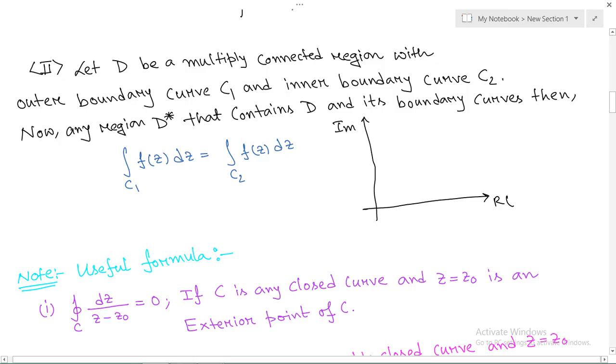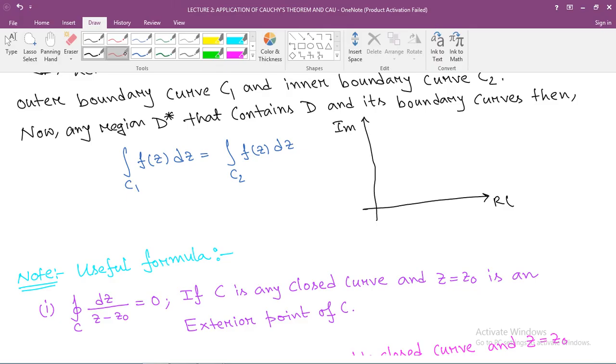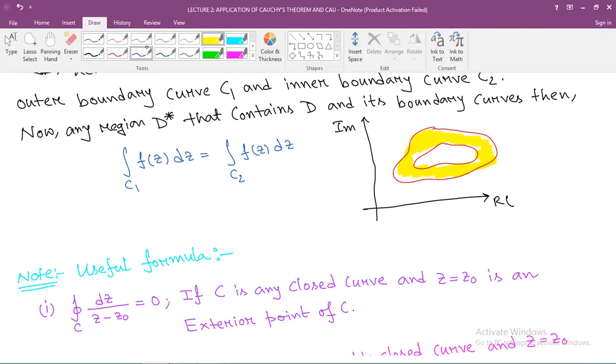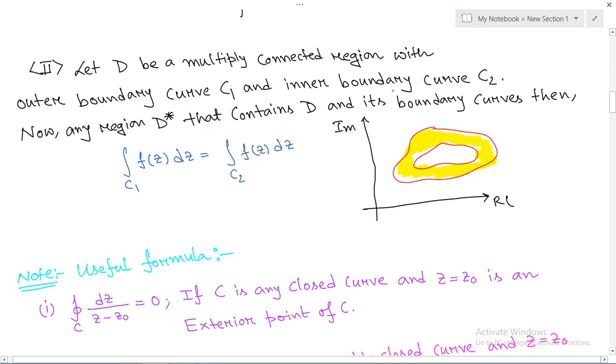So suppose we are having one multiply connected region. Let us draw it. So for your understanding I am just drawing one doubly connected region. Say this is the multiply connected region, and this is the domain inside which the function f of z is analytic, right? Now the outer boundary of the curve is C1 and the inner boundary curve is C2.